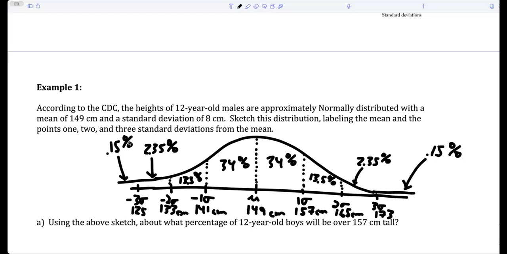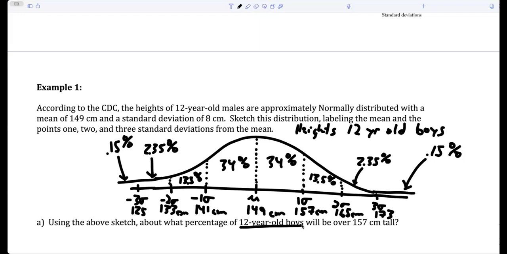And so now let's answer the questions. And this is heights of 12-year-old boys. Using the above sketch, about what percentage of 12-year-old boys will be over 157 centimeters tall?